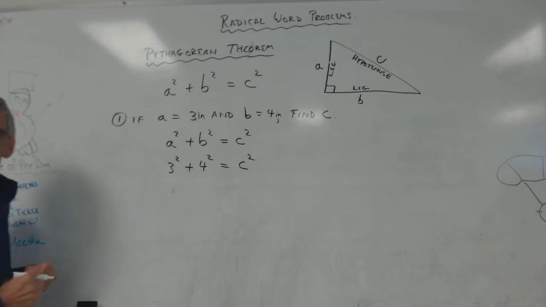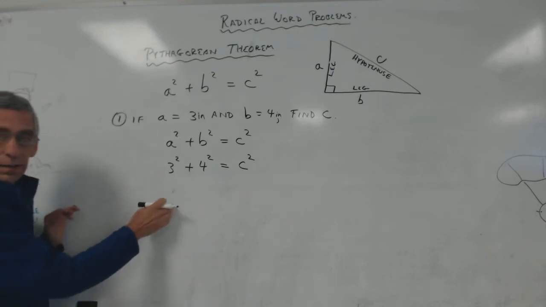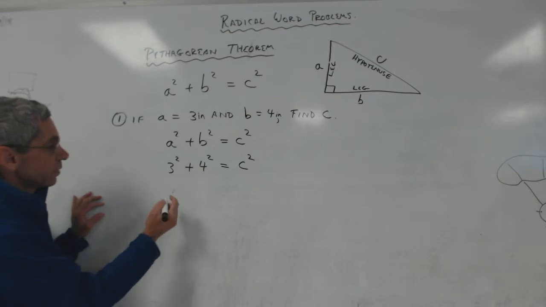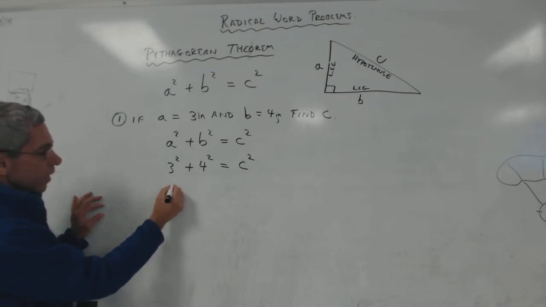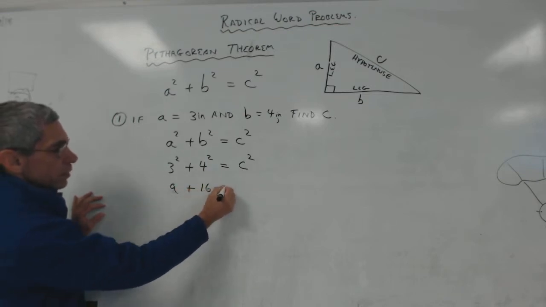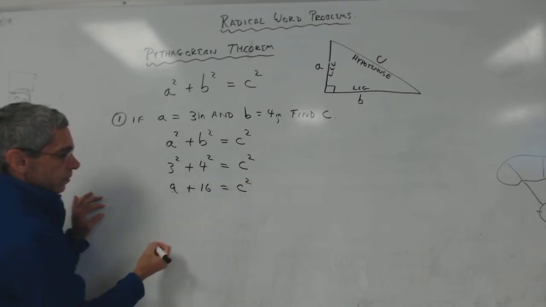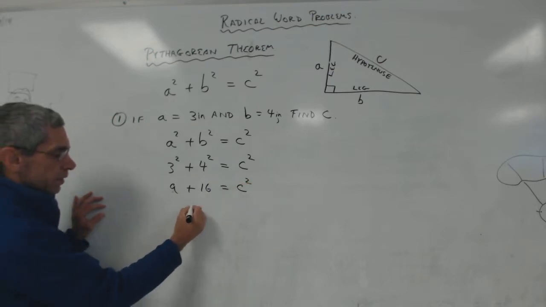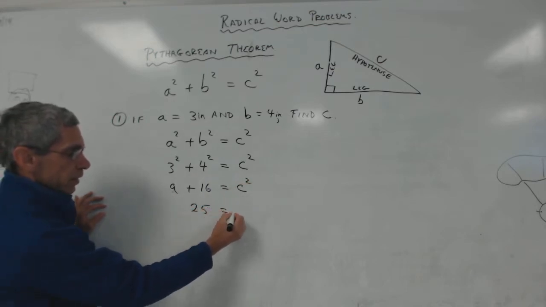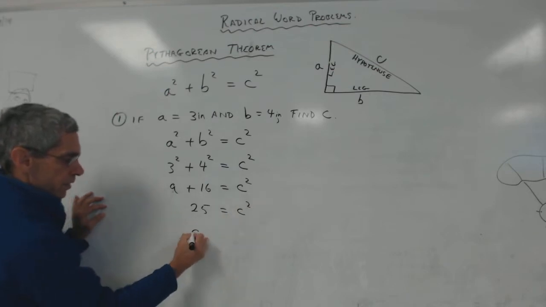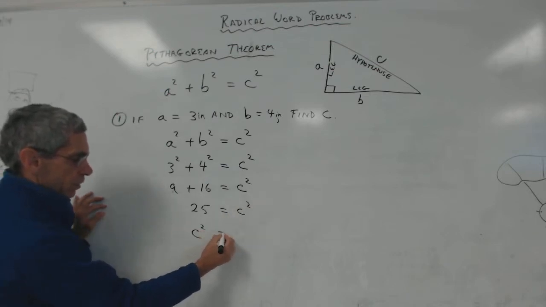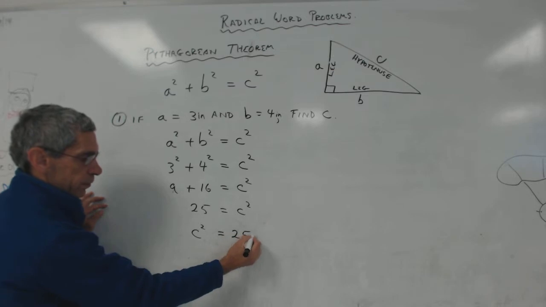Make sure you're writing these things down, Henry, so you understand them. So 3 squared is 9, plus 16 is equal to c squared. 9 plus 16 is 25, equals c squared. I'm going to put my c squared on the left side, so c squared is the same as 25.